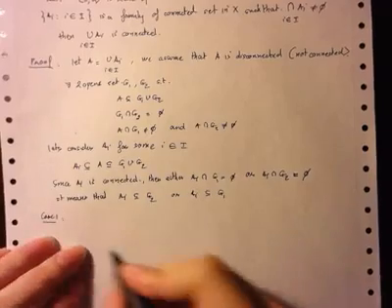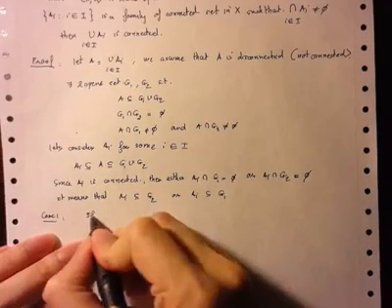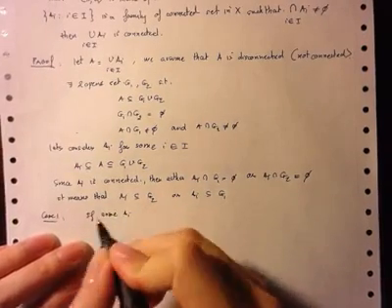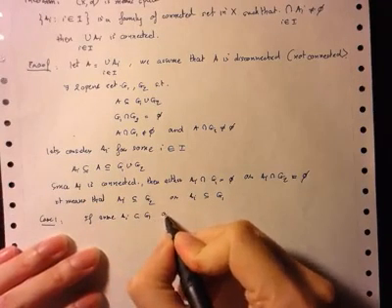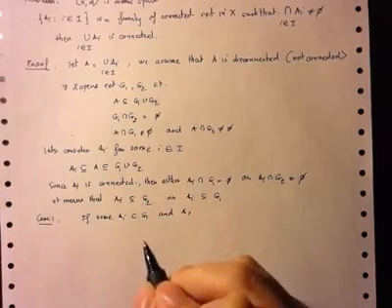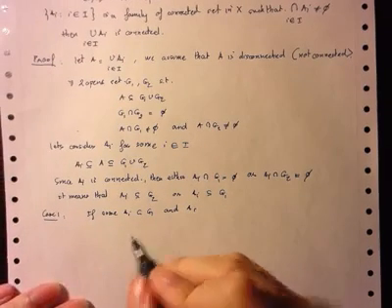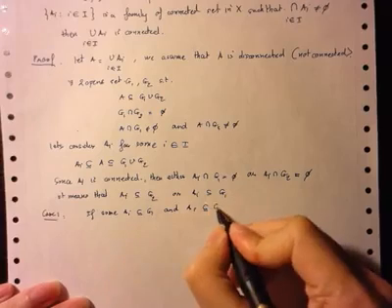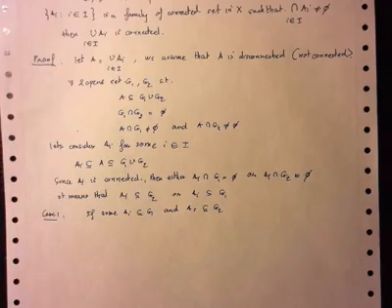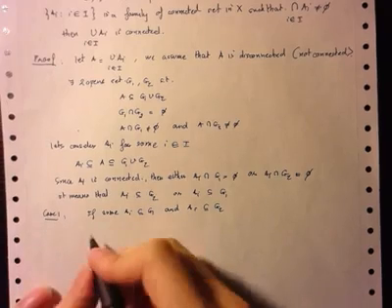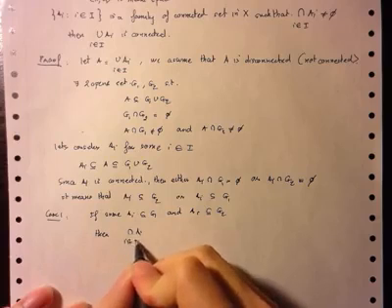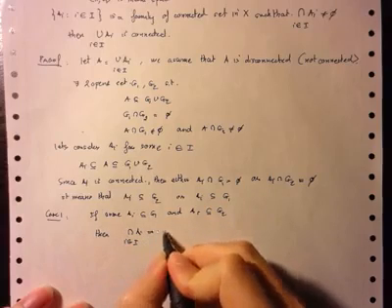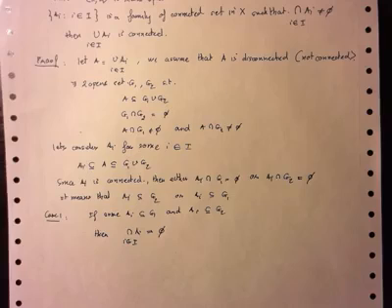Case 1: if some A sub I are contained in G1 and some A sub I are contained in G2. It means that the intersection of A sub I, I belonging to the index set, must be an empty set, right? Must be an empty set.